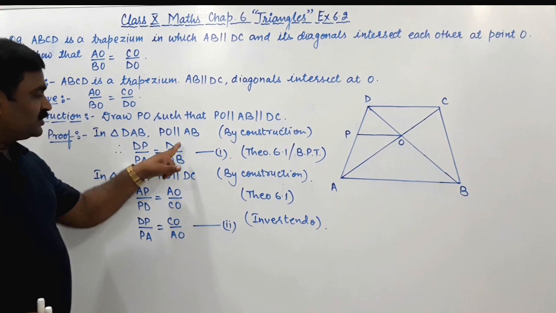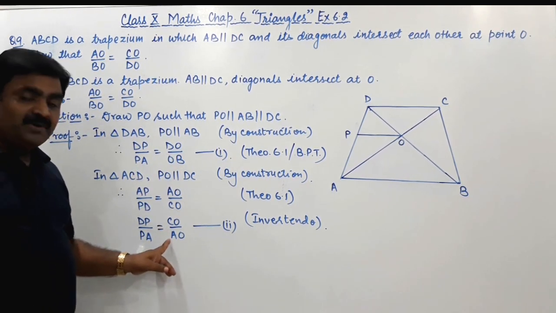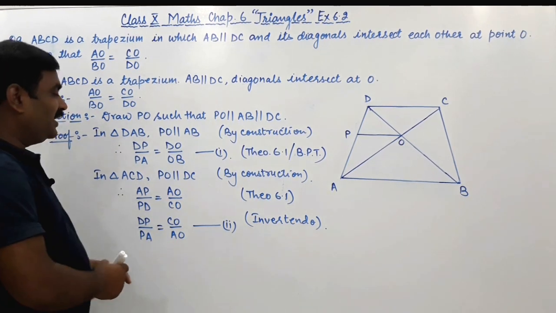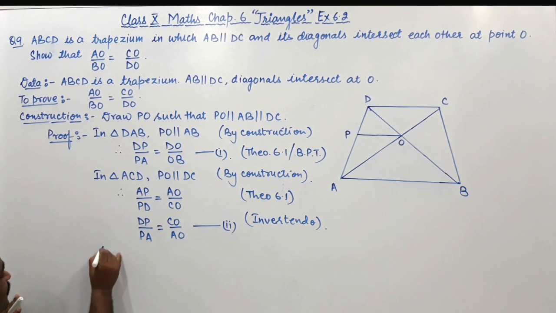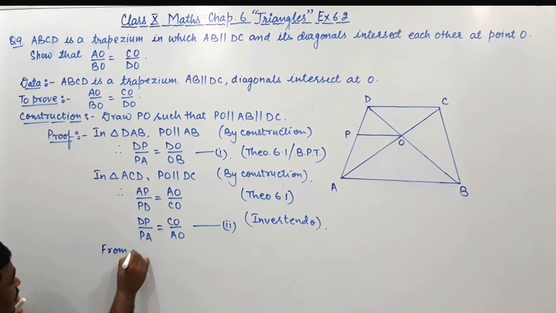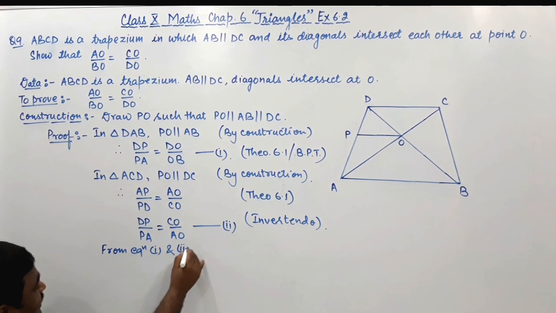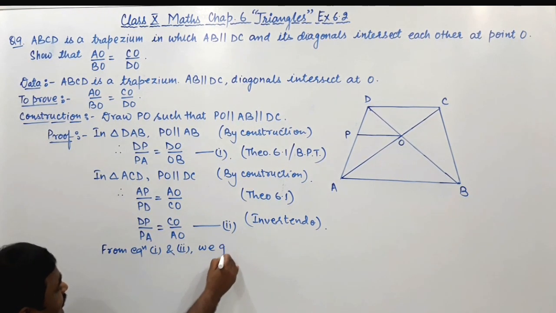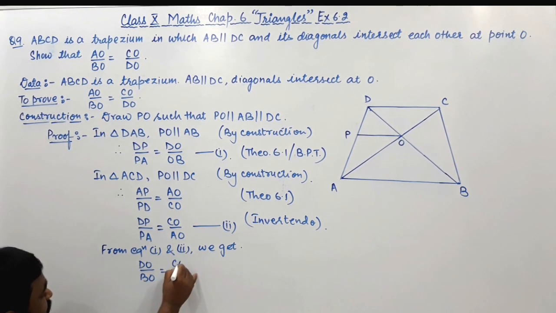DP अपॉन PA इज इक्वल्स टू DO अपॉन BO. सो DP अपॉन PA इज इक्वल्स टू CO अपॉन AO. ओके. सो फ्रॉम इक्वेशन फर्स्ट एंड सेकंड we get that DO upon BO equals to CO upon AO.